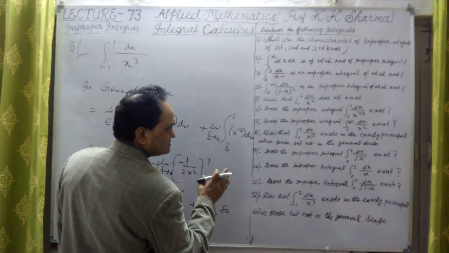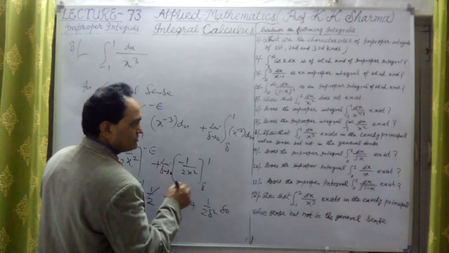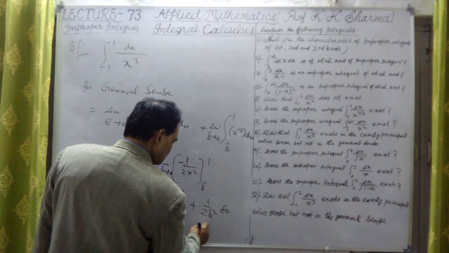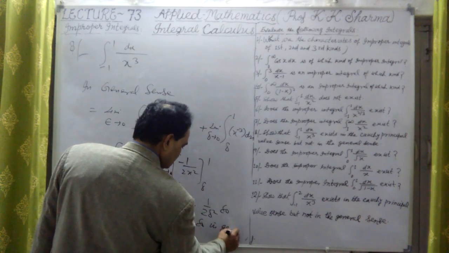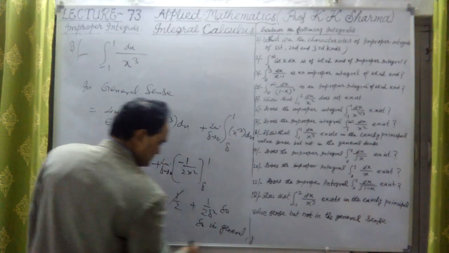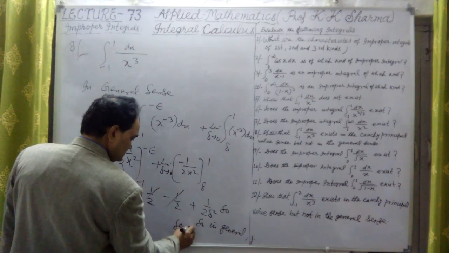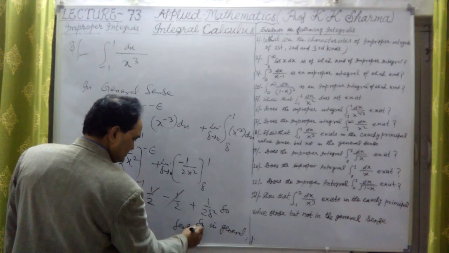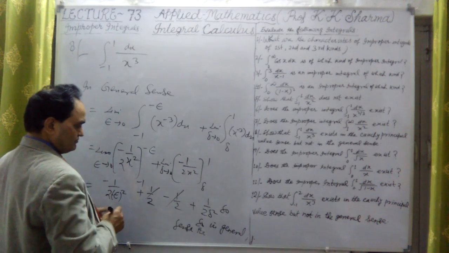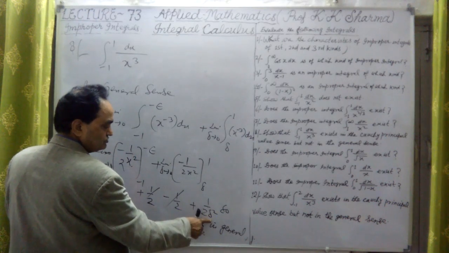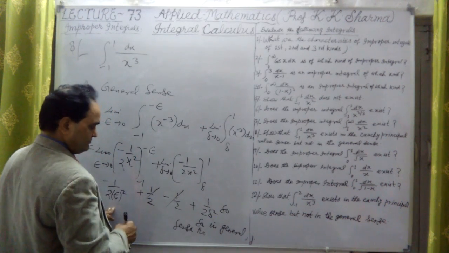So it exists in the principal value sense, but not in the general sense. In the general sense, the value is minus infinity, because epsilon tends to 0 and delta also tends to 0. This is minus infinity plus infinity.